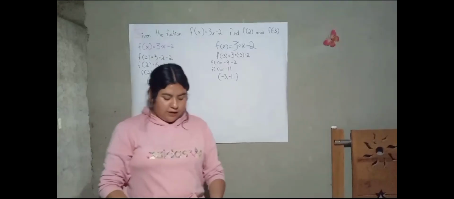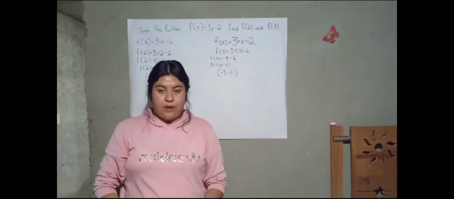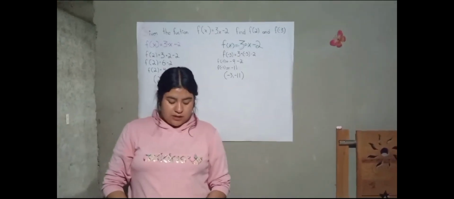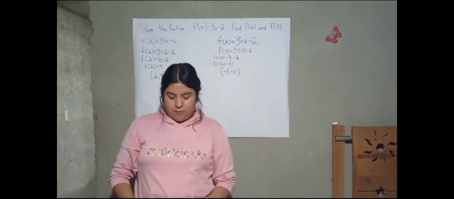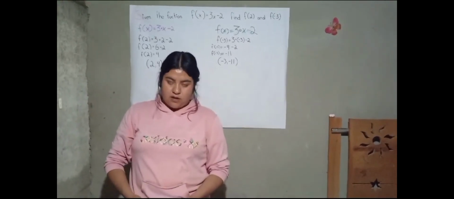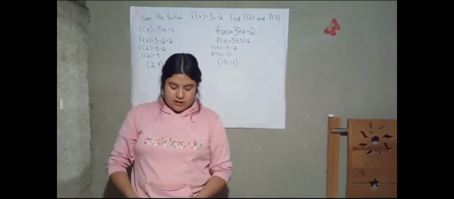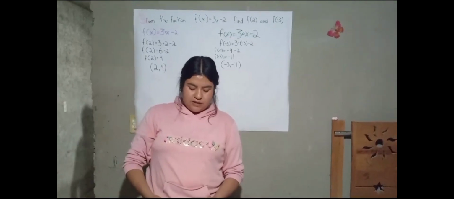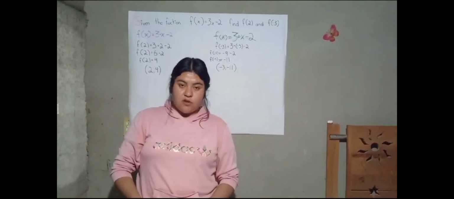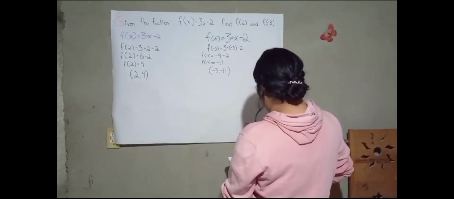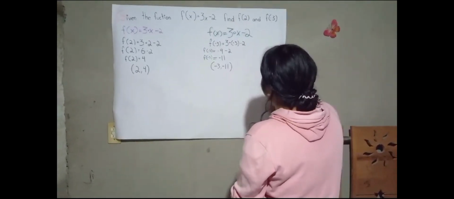With the function at number 2 on the x-axis, it means that the function passes through number 4 on the y-axis. The point through which the function passes is 2, 4.